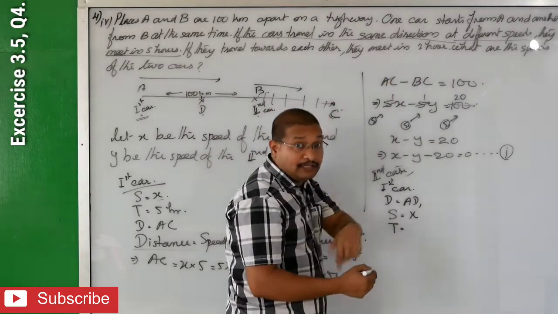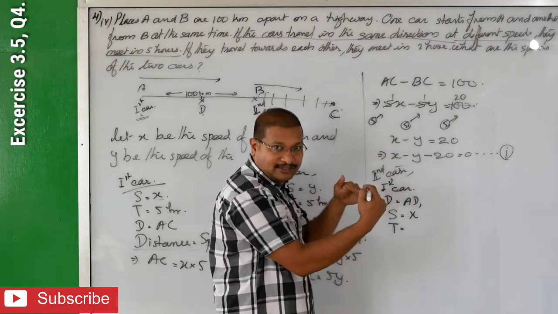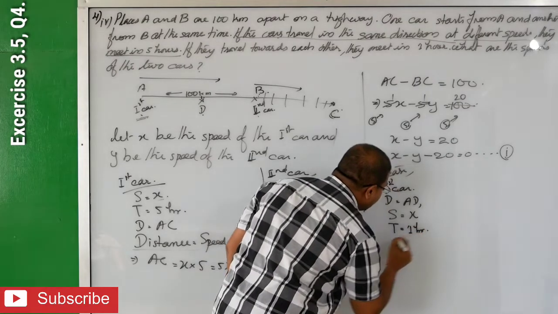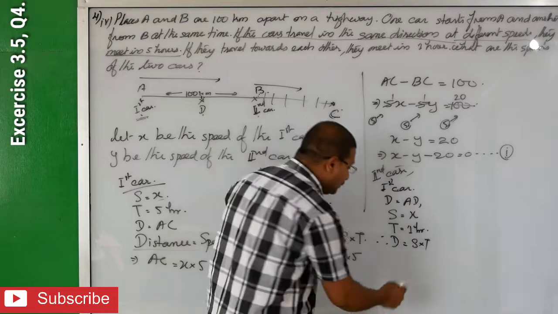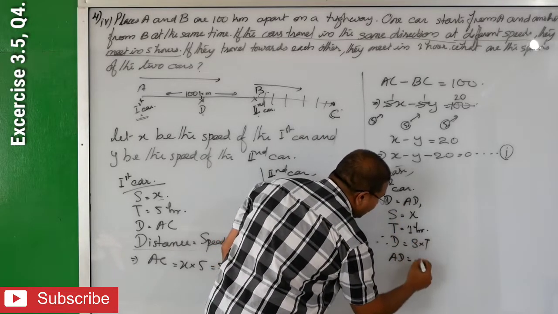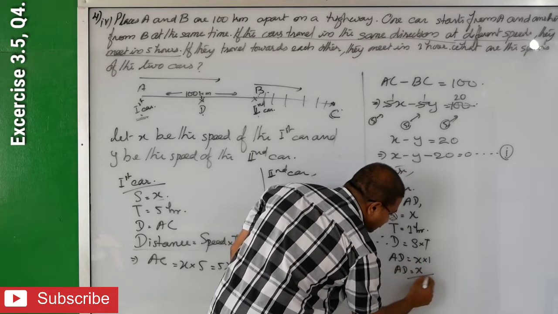Because after 1 hour they will meet, means car A and car B both take 1 hour each. Therefore, distance equals speed into time. Distance means AD. AD equals speed x into 1, that is AD equals x.